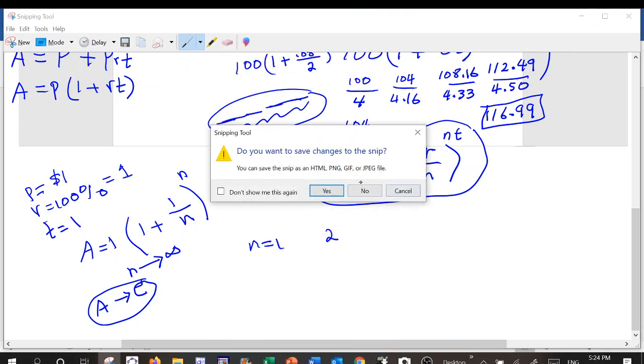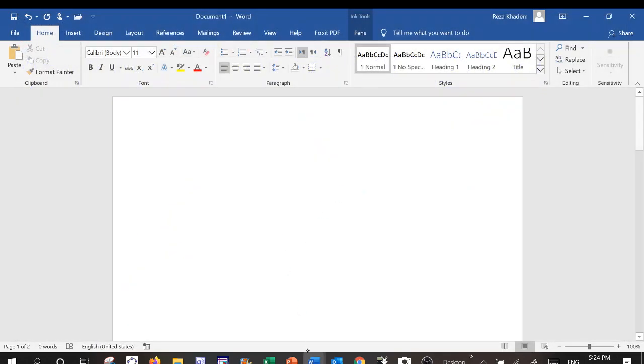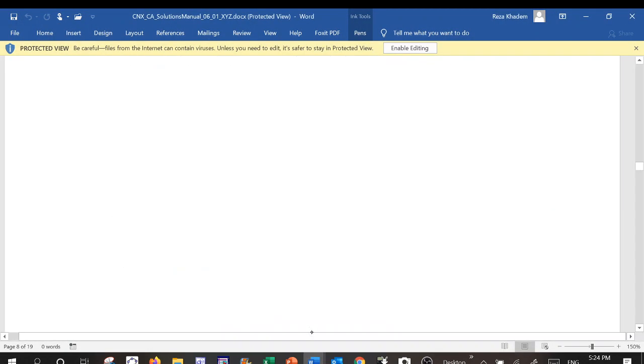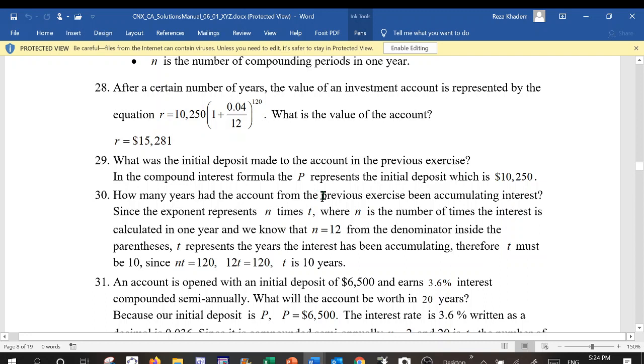Now we are ready to actually do some problems in this section. So let's see. It says after a certain number of years, the value of an investment account is represented by this. What is the value of the account? Well, we're going to put that in a calculator and find it.